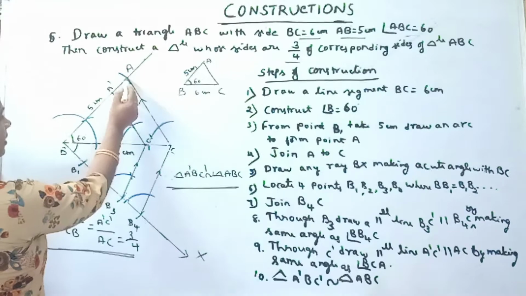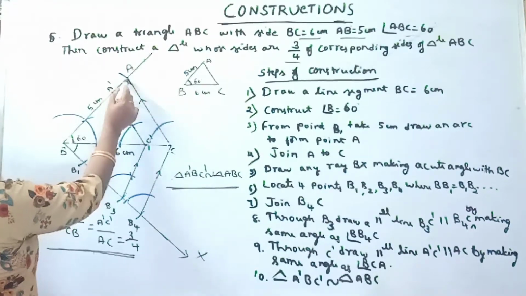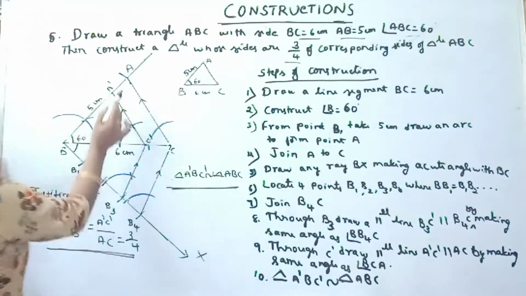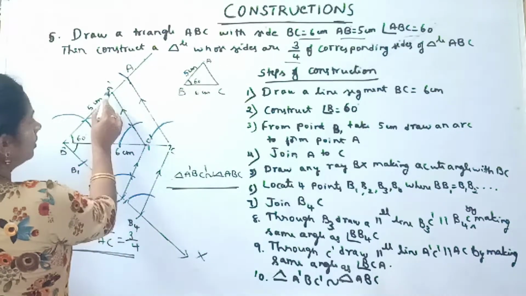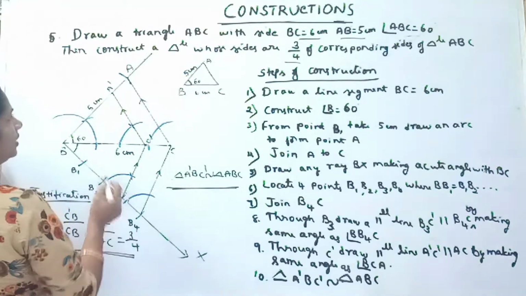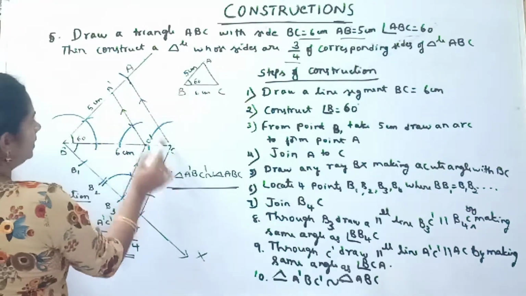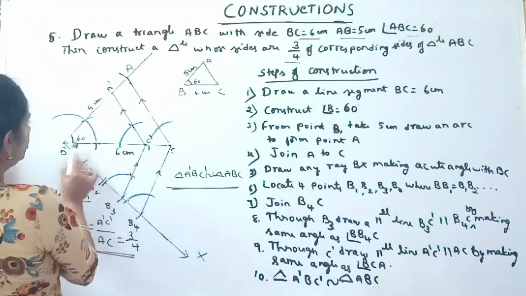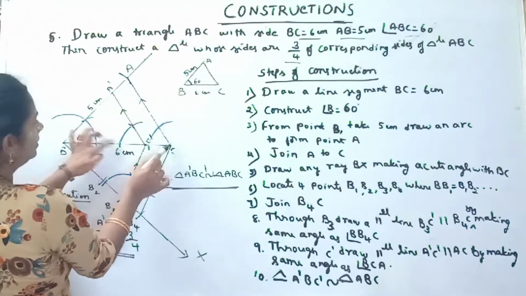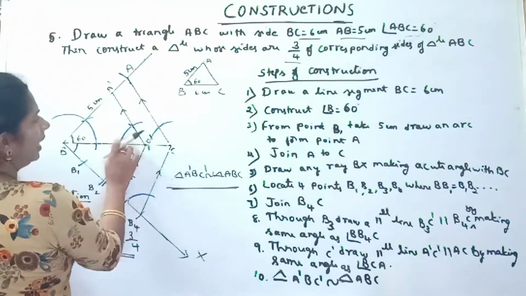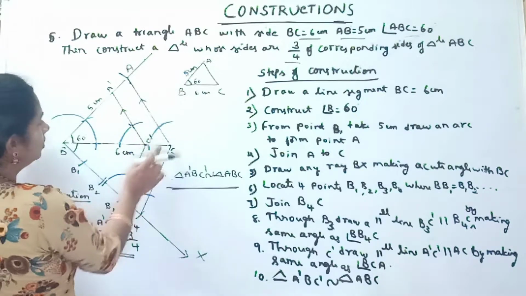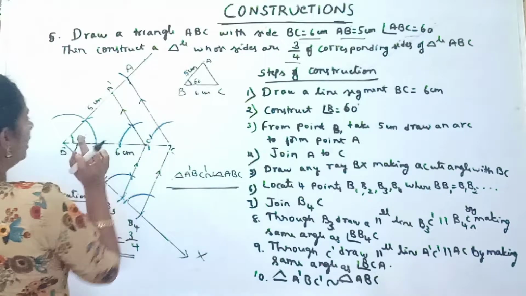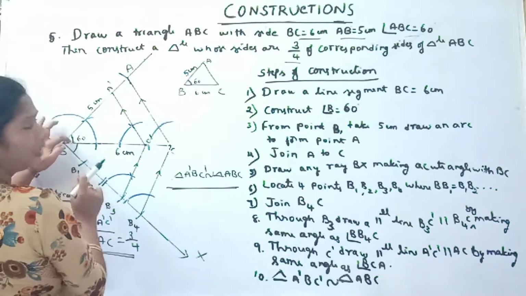How to justify? You have to take 2 triangles ABC and A dash B C dash. We have to prove that these 2 triangles are similar. In triangle ABC and triangle A dash B C dash, angle A dash C dash B equal to angle ACB, because these 2 angles are corresponding angles, because these 2 lines are parallel. Now angle B equal to angle B, common angle.